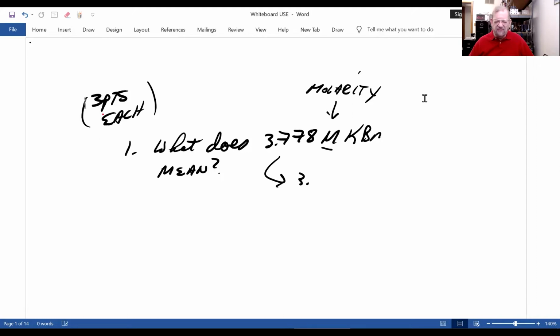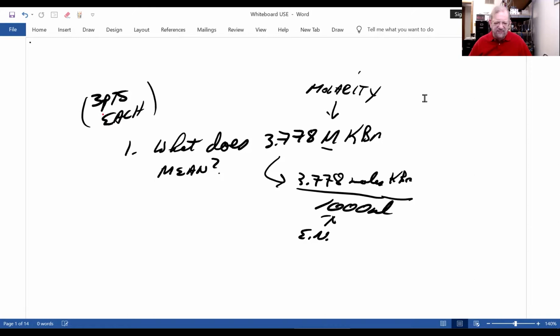It means 3.778 moles of KBr, potassium bromide, per 1,000 milliliters. You could have put down 1 liter, but you should use 1,000. You'll see later this morning. Now, I should remind you, this is an exact number, in this case, for significant figures.